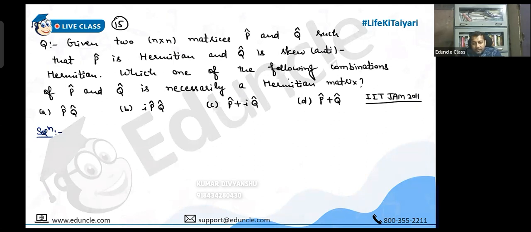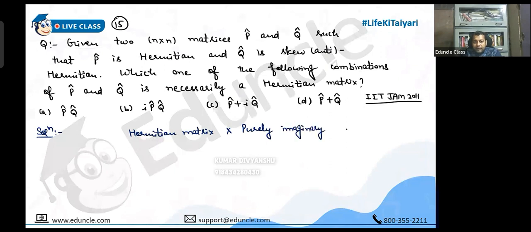No, Abhay, it's wrong. See, I gave you the trick while discussing this question in our course, that if we multiply a Hermitian matrix by iota, or any purely imaginary number, then it will become skew Hermitian and vice versa.